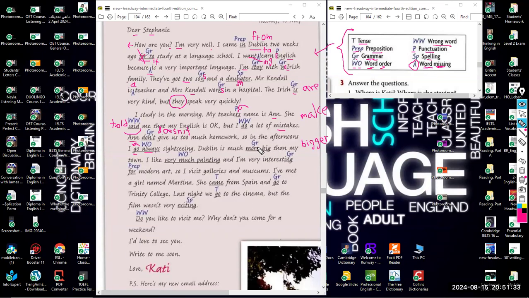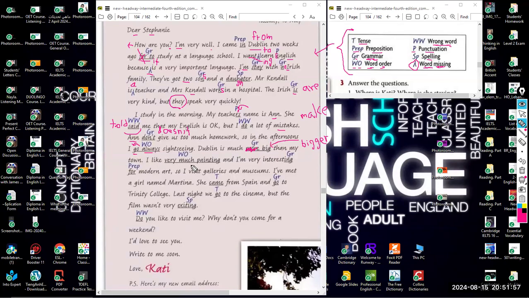So bigger than, for words that have less than three syllables. I cannot say much more bigger than. I have to say Dublin is much bigger than, not more, because more is used with adjectives that have more than one syllable, and absolutely I have to correct it to say bigger. So Dublin is much bigger than my town.